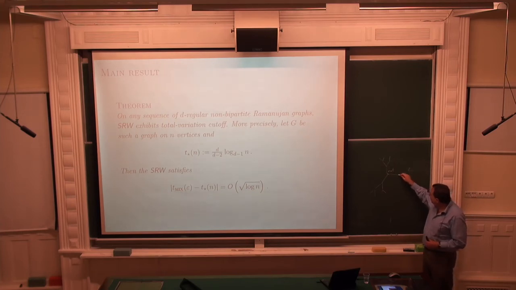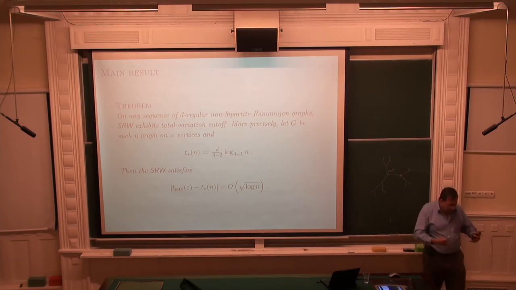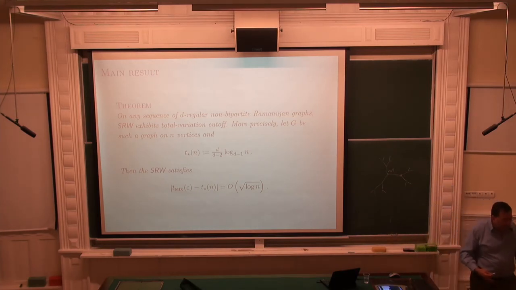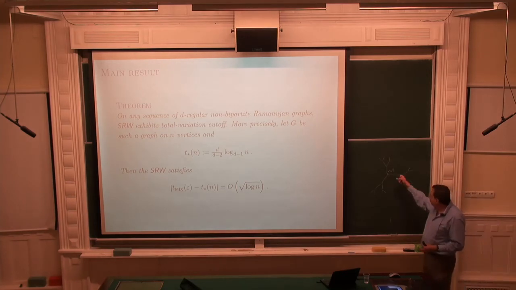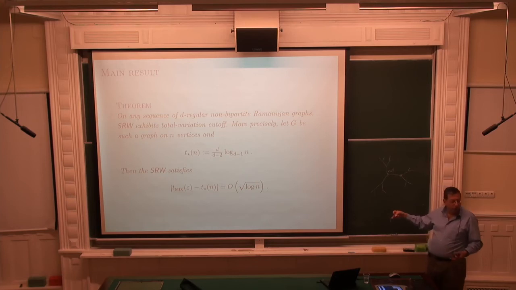At this vertex, with probability 1/3, the particle will move closer to the root, and with probability 2/3, it will move away from the root. So the drift, the growth in the expected distance will be 1/3 in every step. So on the regular tree, the distance from the root will indeed grow like t over 3 at time t.